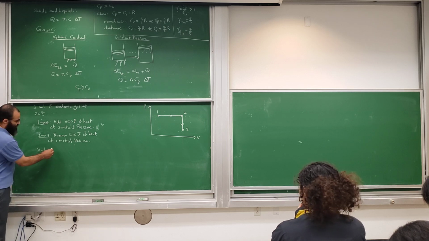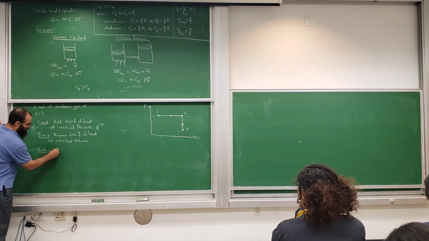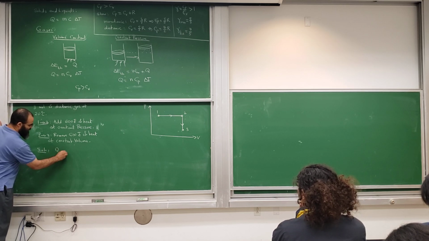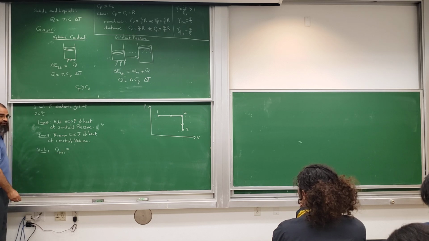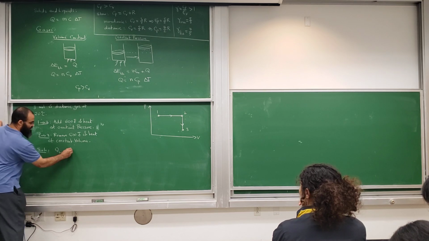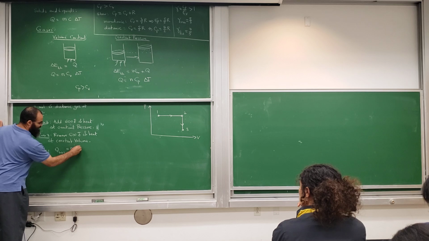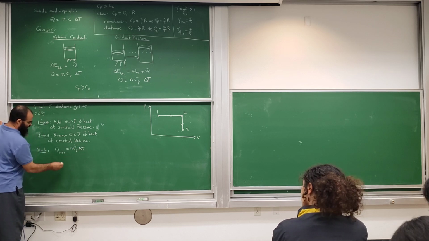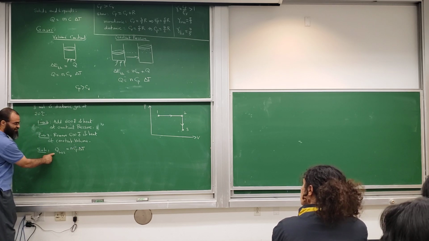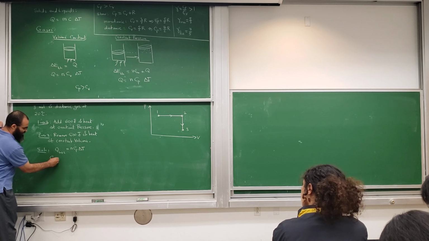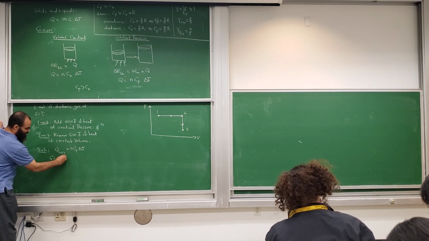So from 1 to 2, Q from 1 to 2 is going to be equal to n CP delta T. And the Q here is how much? 600. Good. Equals the number of moles, which is 3.